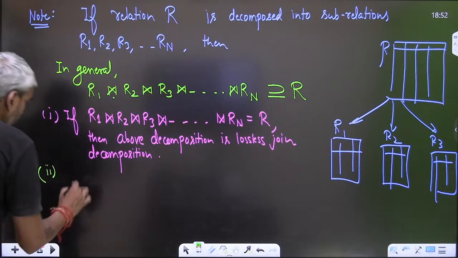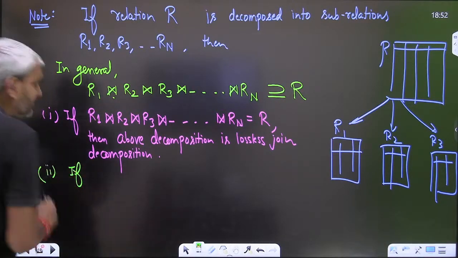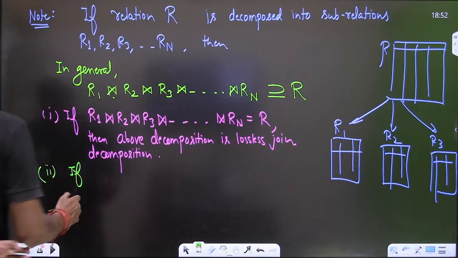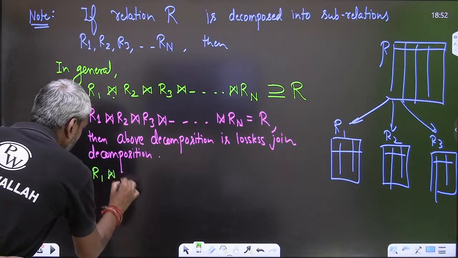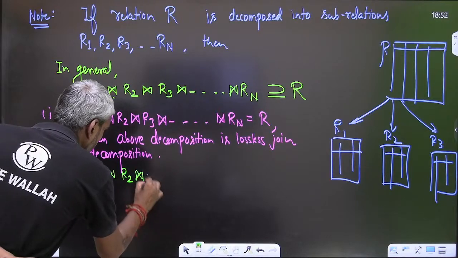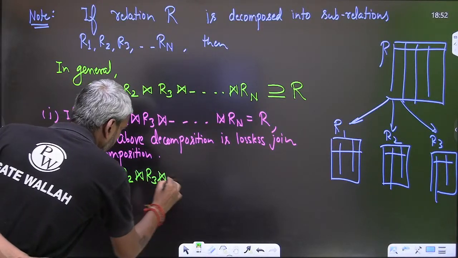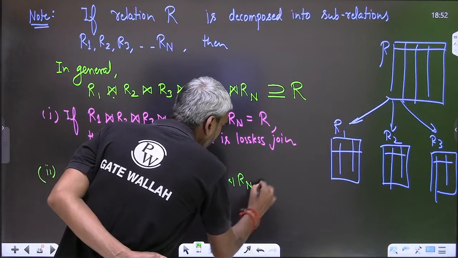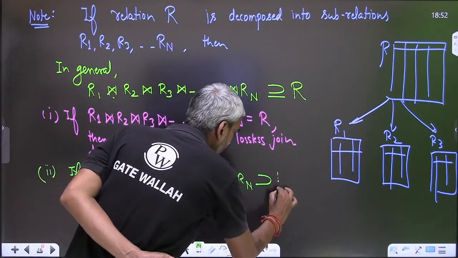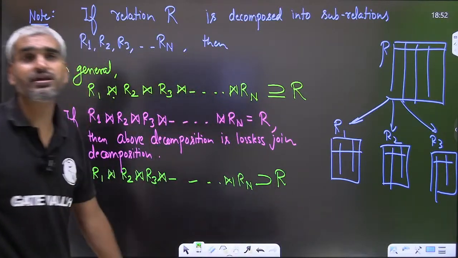if it is a proper superset, that means if you have any extra tuple, what does it mean? If R1 natural join R2 natural join R3 natural join etc. up to Rn is a proper superset, that means we have at least one extra tuple.